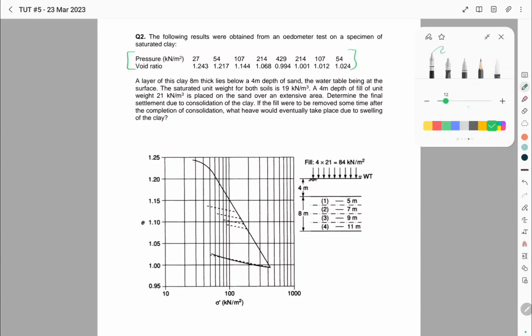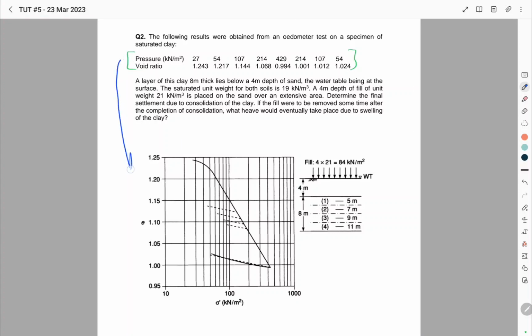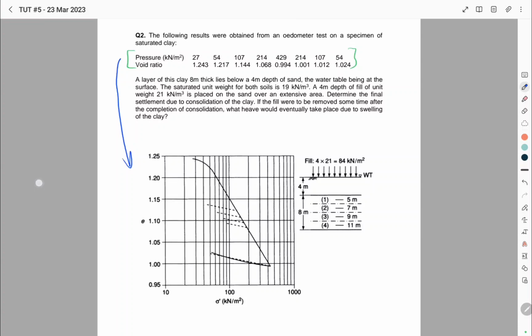So if we draw the graph corresponding to the results of this test, it would be something like this graph that is shown here.